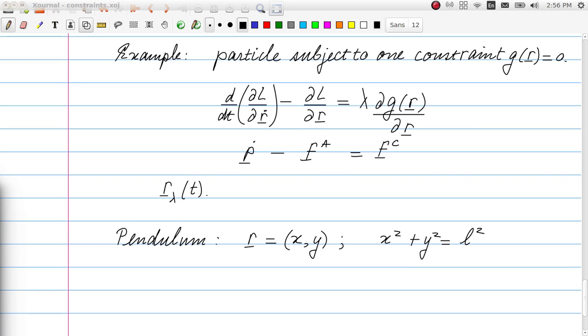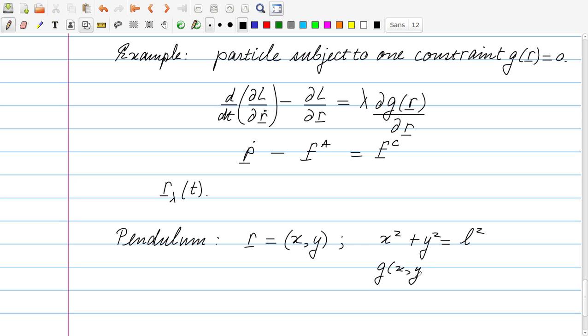And so to be specific, we could consider a pendulum which moves in a two-dimensional plane, x and y is taken to be vertical, and it's subject to the constraint x squared plus y squared equals l squared. So that should be put into the function g of x and y, which is x squared plus y squared minus l squared.